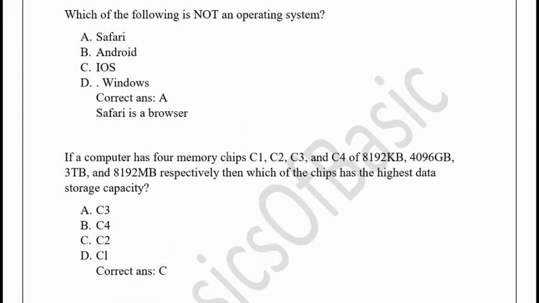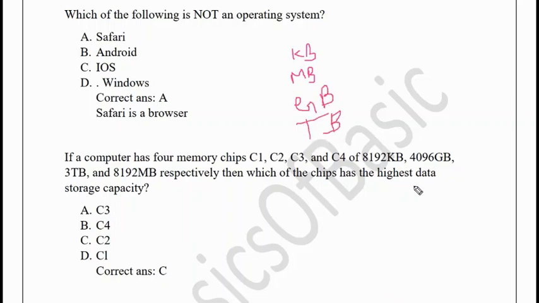If a computer has four memory chips C1, C2, C3, C4 of these much storage, which of the following chips has the highest data storage capacity? So this is quite easy if you know the units, that is kilobytes, megabytes, gigabytes, and TB, terabytes.